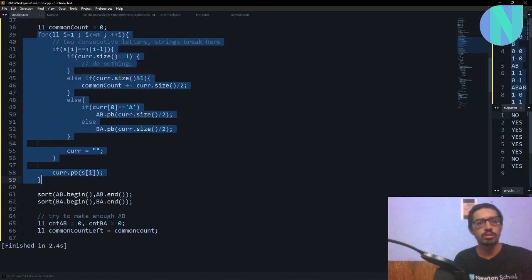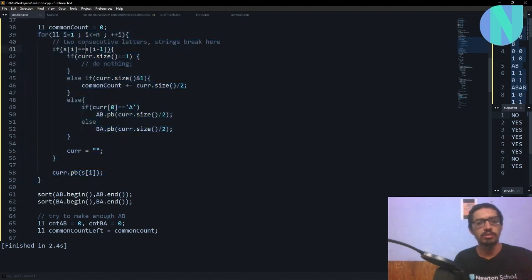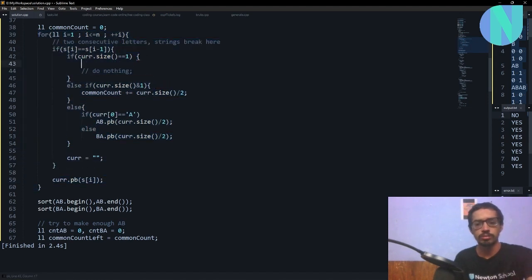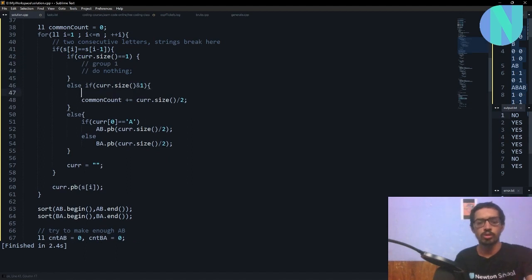Whenever I find 2 consecutive letters, if my current size is equal to 1, this is my group 1, so I do nothing. Otherwise, if it's my group 2, I'm storing it in common count.